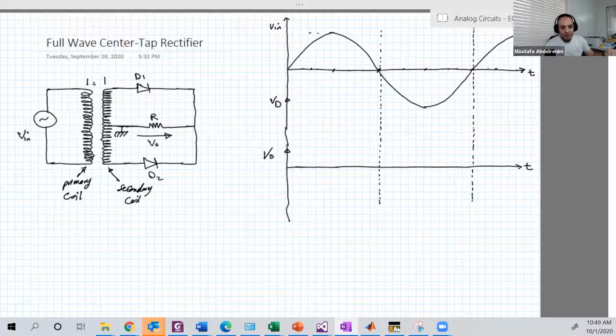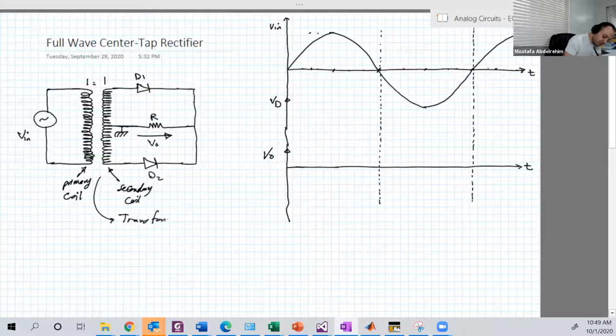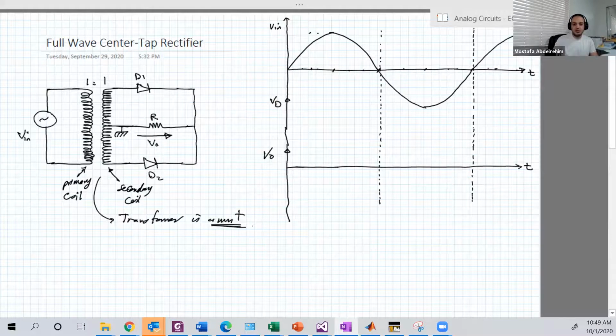But the transformer here is a must. We must have not just any type of transformer, it must be a center tape transformer. You must use a center tape transformer, even if the breakdown voltage of the diode is larger than the maximum reverse input voltage, even if the operating power of the diodes is higher than what the input power will provide to them.